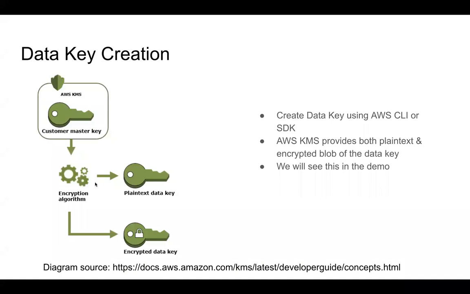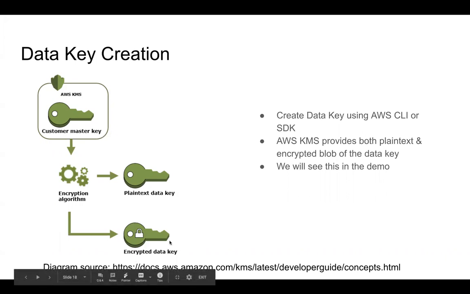So in this case, let's assume that we have only a single layer of encryption. What happens is the customer master key generates the data key, but it provides you not only the plain text version of the key, it also encrypts it and gives you the encrypted version of the key.